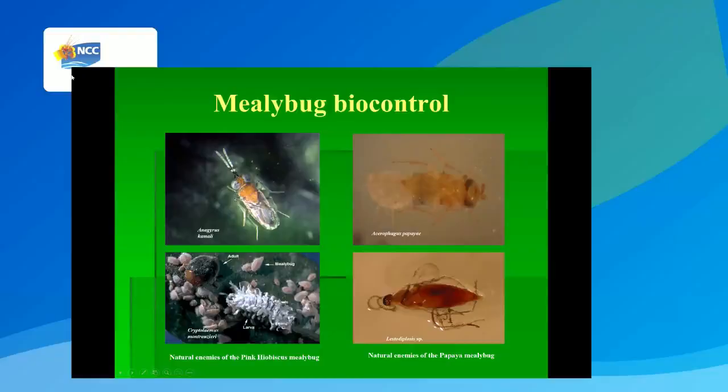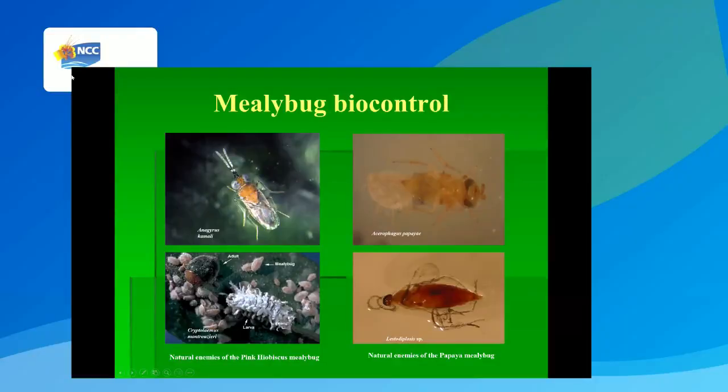Now, if we look to the left-hand photos, there is a tiny wasp called Anagyrus kamali and a predatory ladybird, Cryptolemus, both of which were introduced into Barbados and have given excellent control of that particular pest.